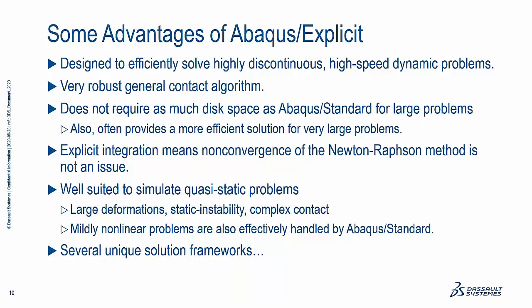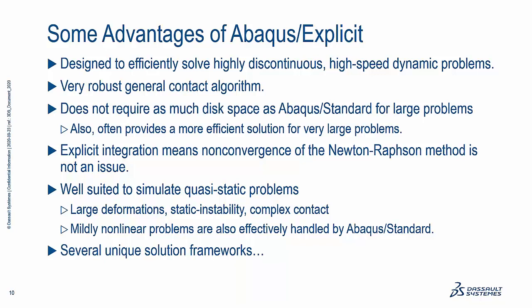We also find that Abaqus Explicit is very, very well suited for solving quasi-static problems, particularly problems that have very large deformations, static instabilities, and complex contact. Think, for example, of a metal forming operation where you're having metal flow or material flow that almost looks fluid-like through much of the simulation.